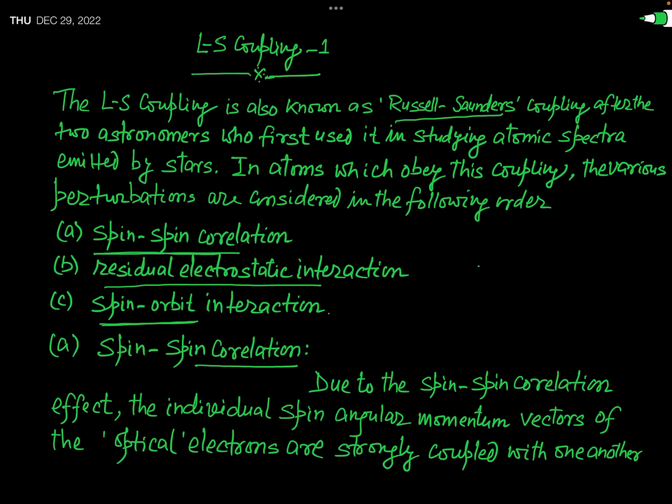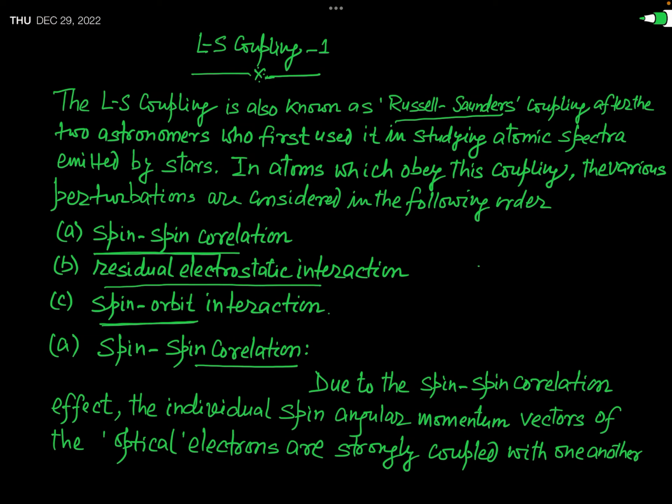Now, one by one in this particular order, we will see how this LS coupling results. So first of all, we consider the first perturbation, the spin-spin correlation.